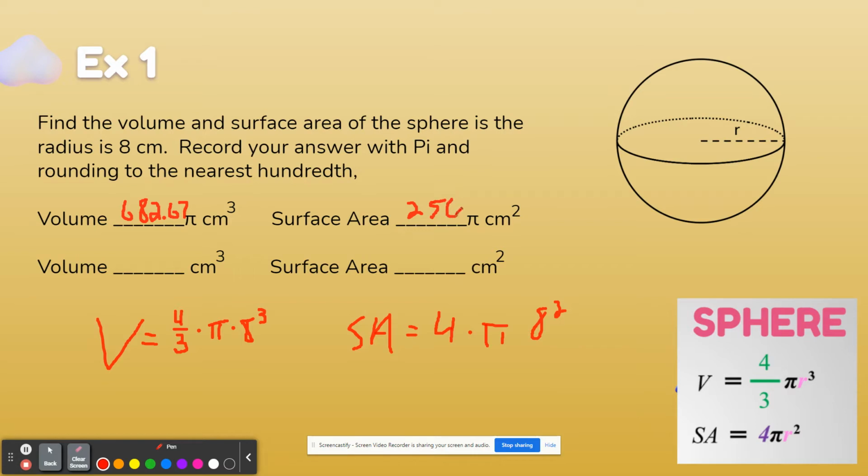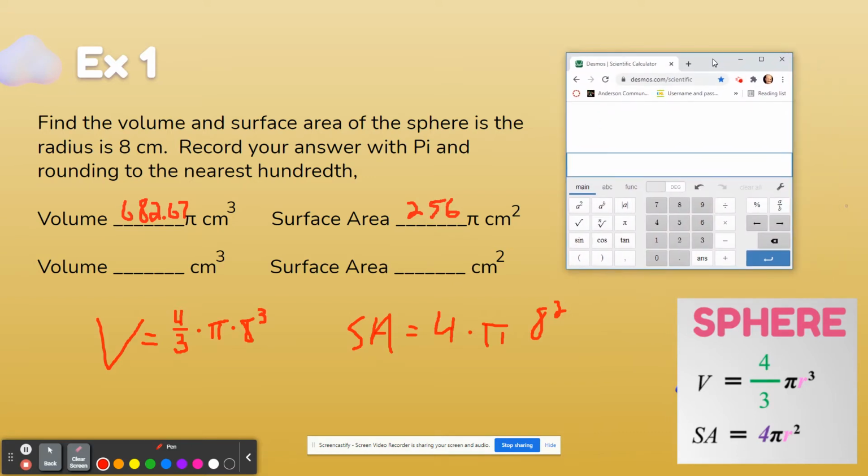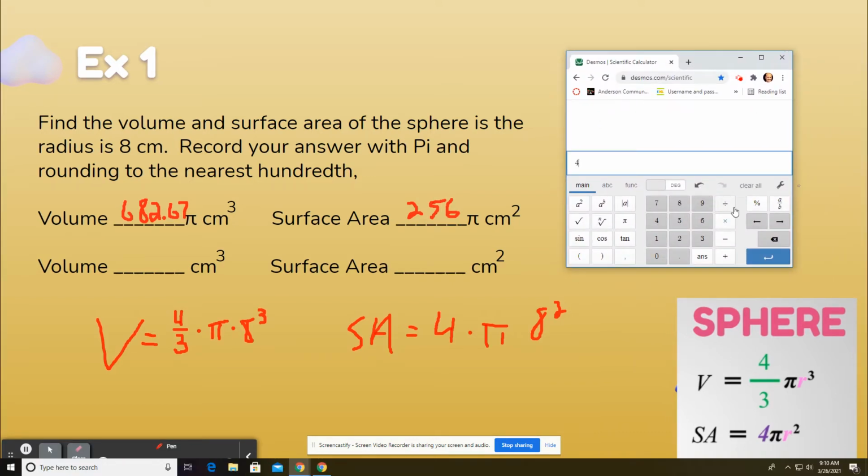Now we did everything but pi in these two. See how pi is still there? So all you really have to do is type it in the exact same way. 4 divided by 3 times pi times 8 cubed.